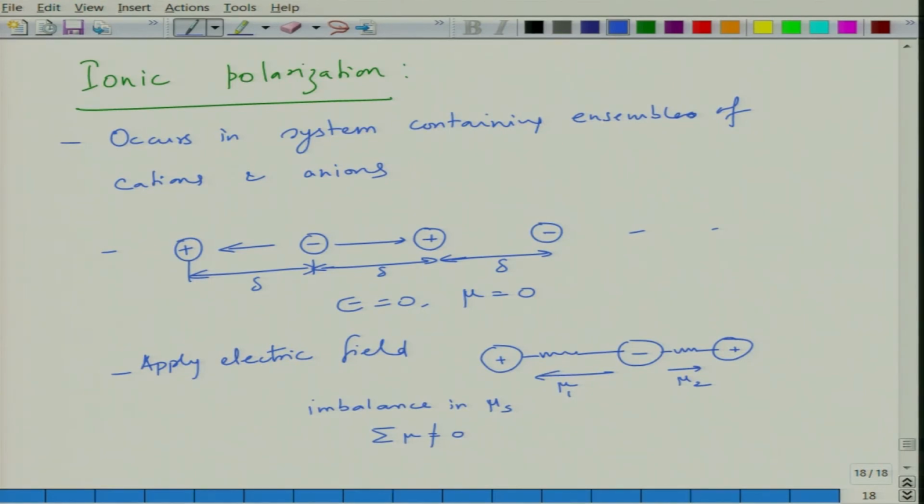This is ionic polarization, but since the ions are moving with respect to each other, the masses involved are higher. As a result, this happens at lower frequency, generally of the order of approximately 10 to the 12, 13 hertz, depending upon the type of ion and so on.